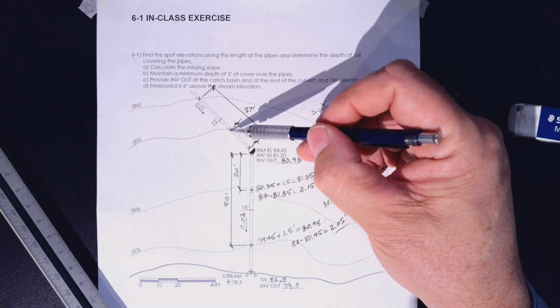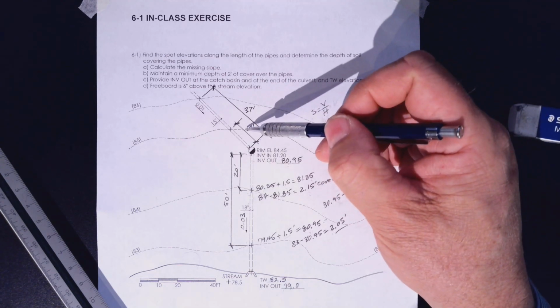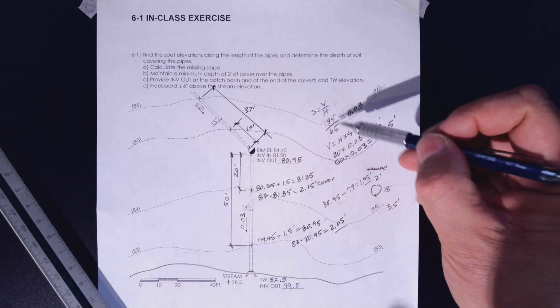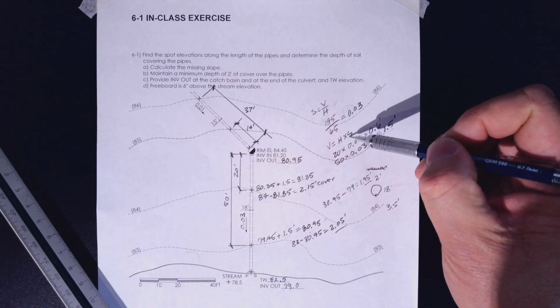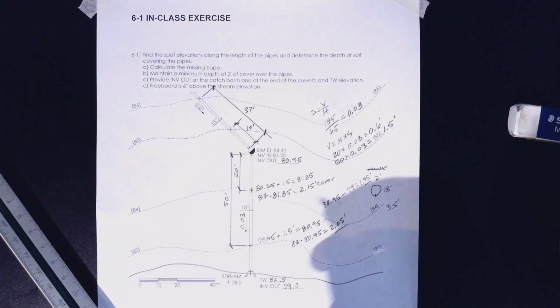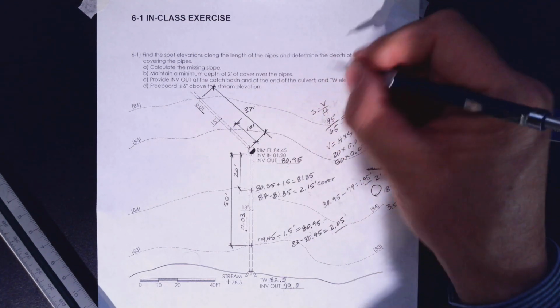So now we can figure the elevation here, right? We've got 14 feet at 1% slope. So the vertical is horizontal times slope. Let me write it right up here so you can see this.